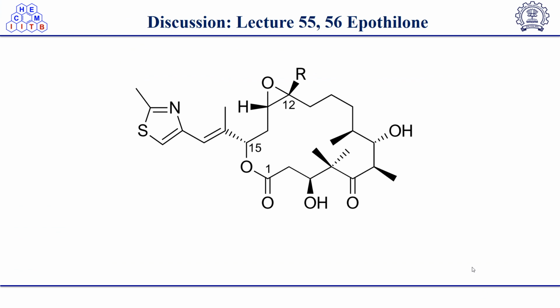So now moving on to the discussion on lecture 56, that is total synthesis of epothilones by Schinzer and also by Danishefsky. There we saw the application of stereoselective aldol reaction in the total synthesis of epothilone by Schinzer, and Suzuki coupling and macrolactonization in the total synthesis of epothilone by Danishefsky.